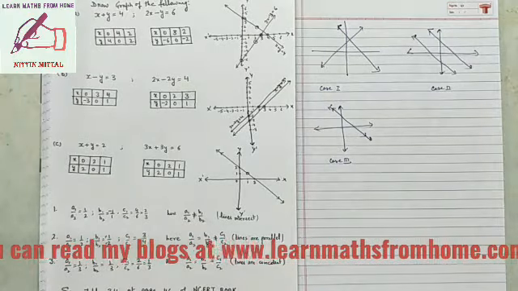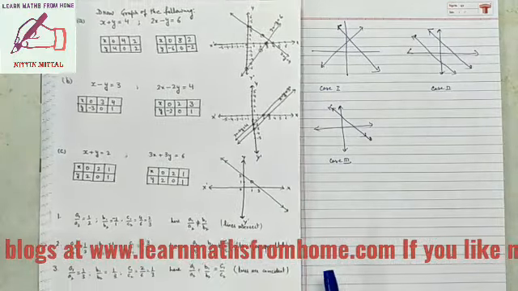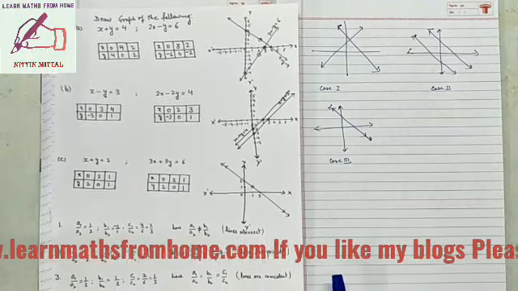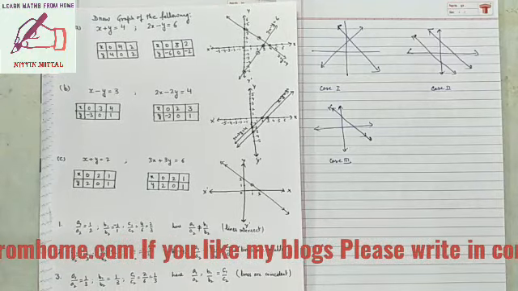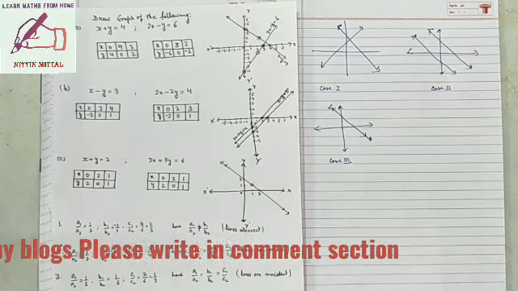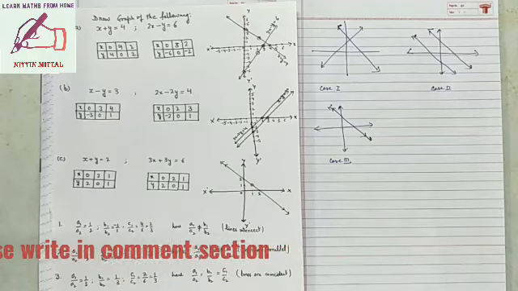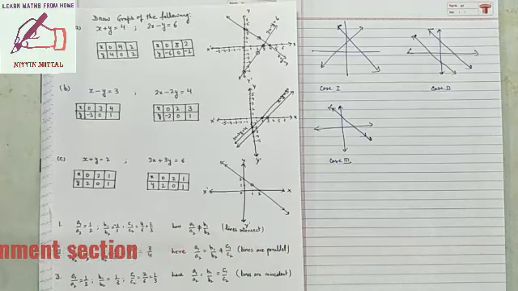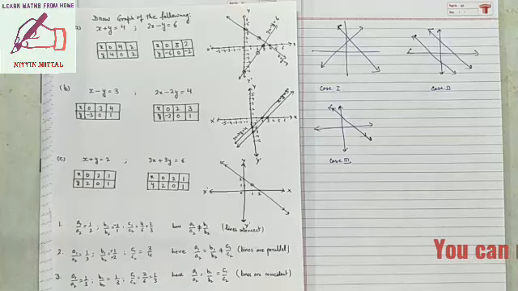Now what I have done in this case, I have taken three different pairs of equations. In the first case, I have taken x plus y equal to 4, and for the second equation I have taken 2x minus y equal to 6.